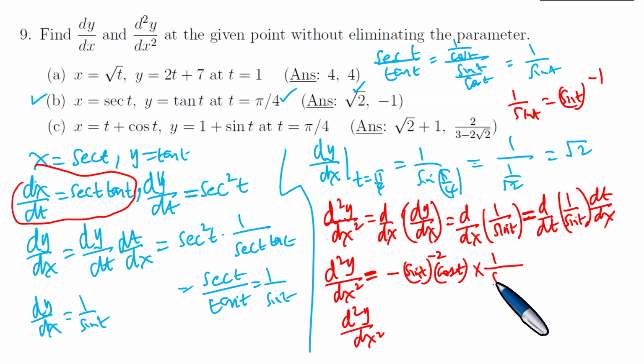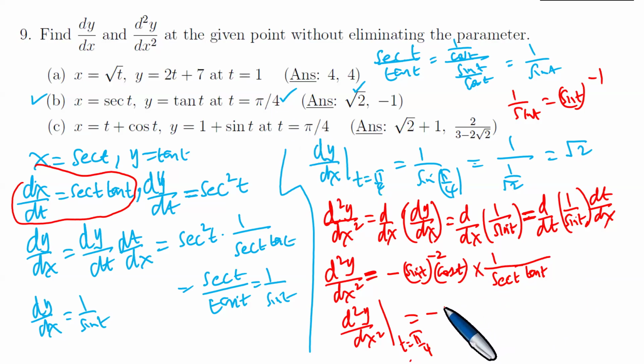But dt/dx is going to be 1 over the secant of t times the tangent of t. So which means that whenever you're evaluating this at t equals pi over 4, it is the same as what?